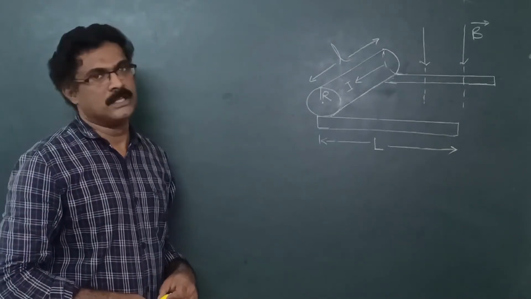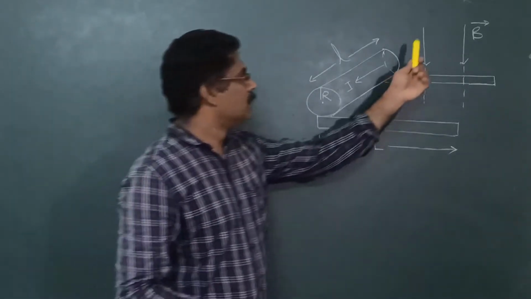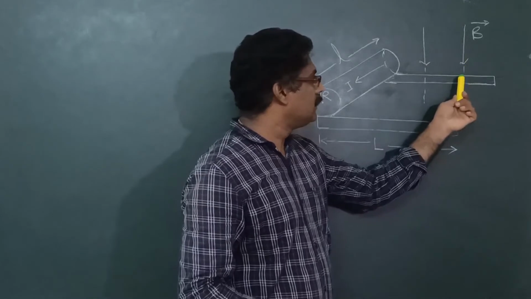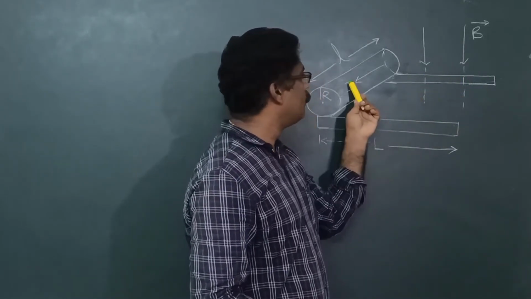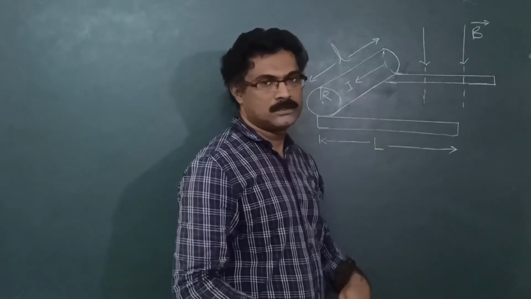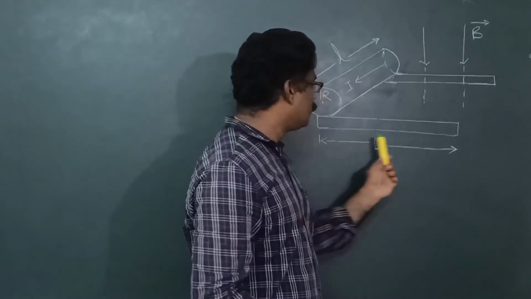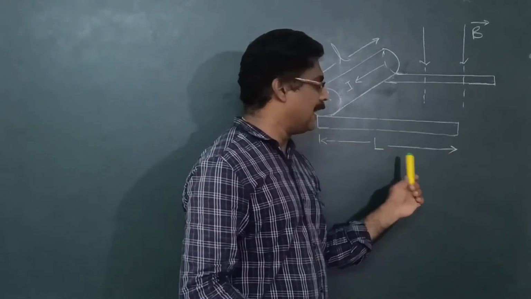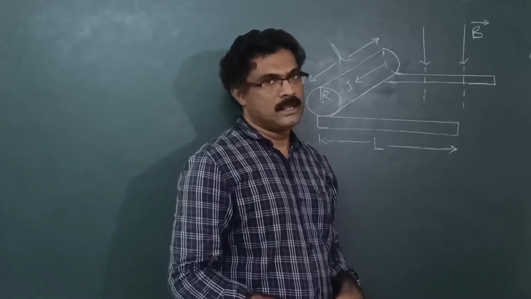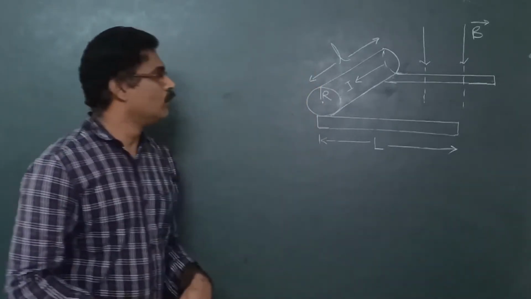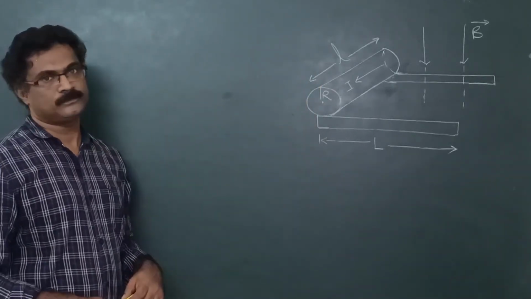That is the question. Okay, and the magnetic field is acting perpendicular to the rails and also perpendicular to this rod. And the length of the rail is given as capital L. Okay. So how can you solve this question?